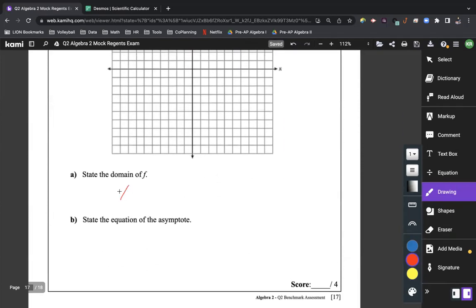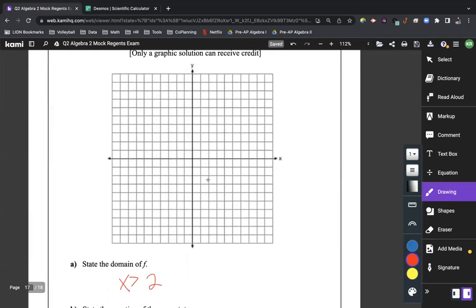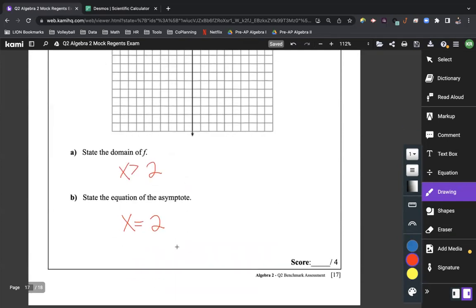If you wrote x is greater than 2 for the domain, you got full credit. If you wrote x equals 2 right here, you got full credit. So for a correct sketch of a graph and these 2 answers, that's how you could get full credit. If you didn't write it explicitly like we wrote, you cannot get full credit.